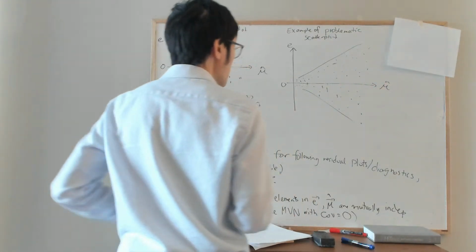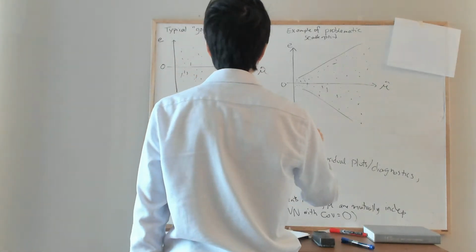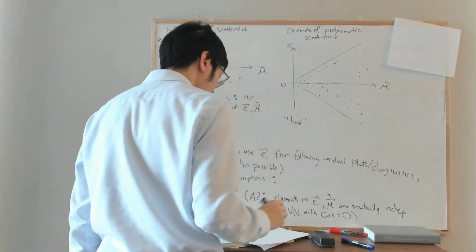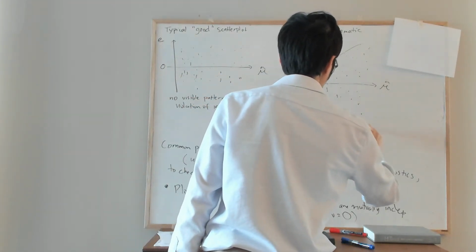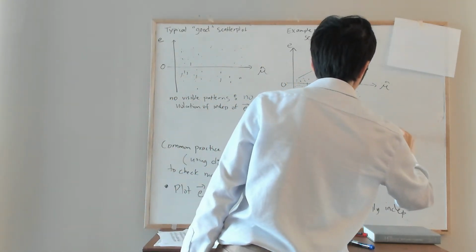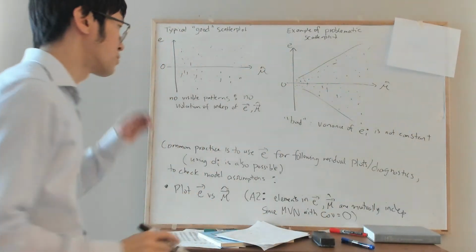So this is a bad scatter plot because the variance of the residuals is not constant. In fact, it increases as a function of the fitted values.